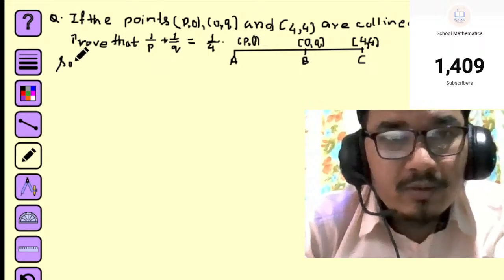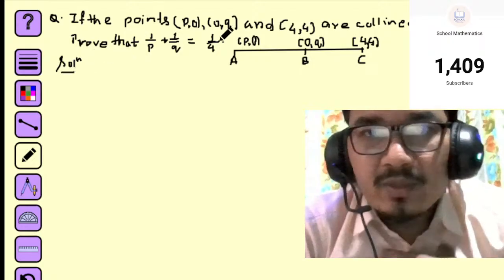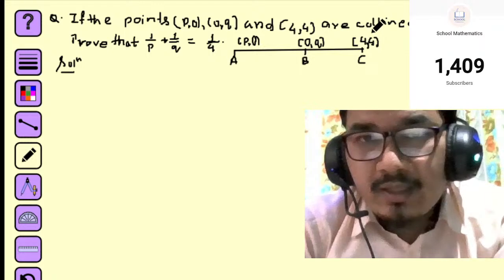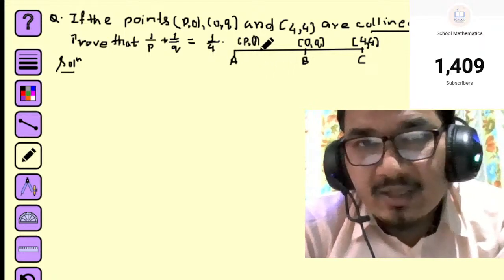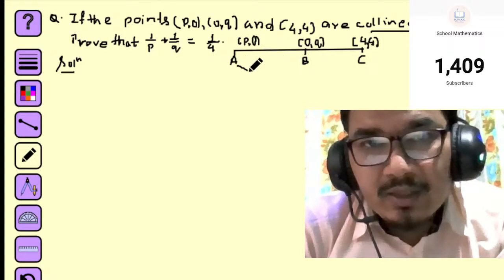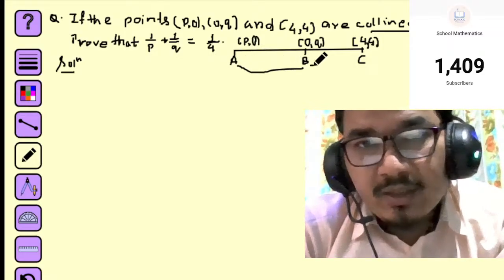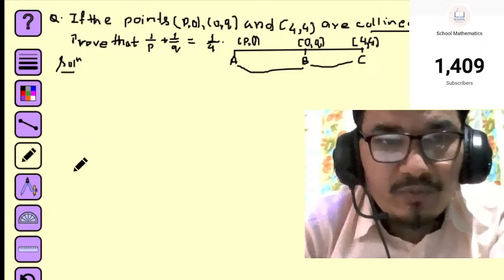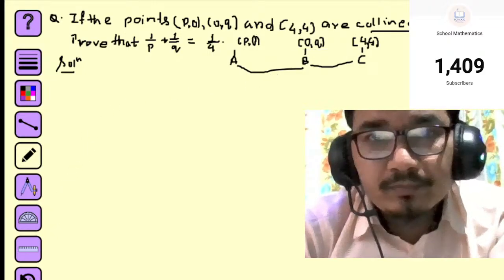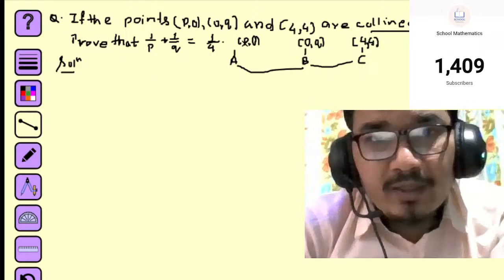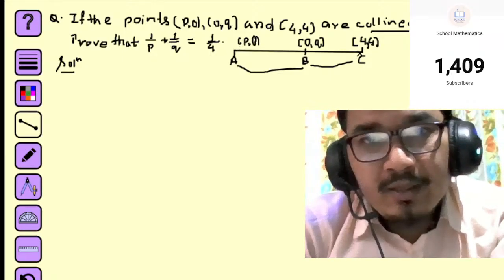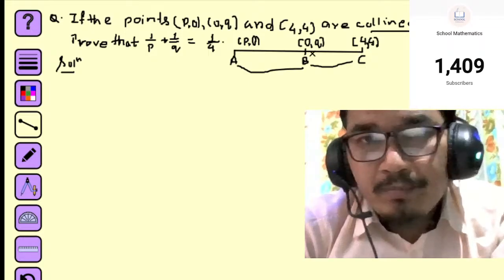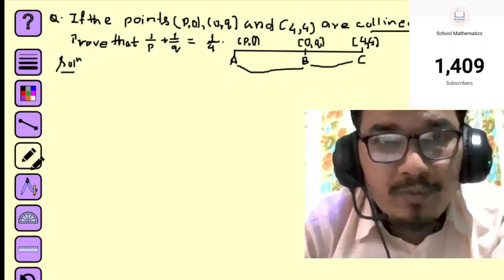Write the solution. If the collinear condition is given, that means when you find the slope, they are lying on the same line. That's why the slope of AB and the slope of BC will be equal.